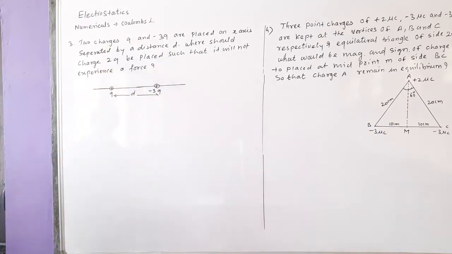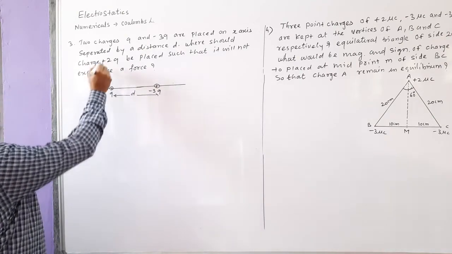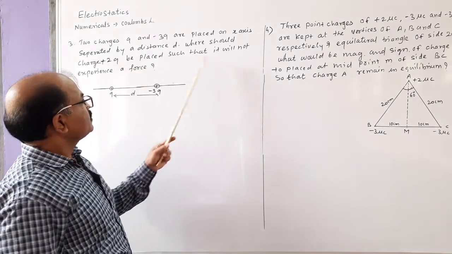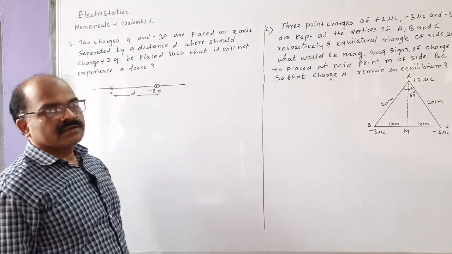Where should the 2q charge, which is a plus, be placed such that it will not experience any force?